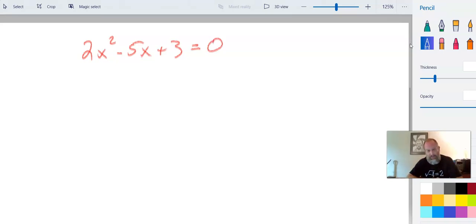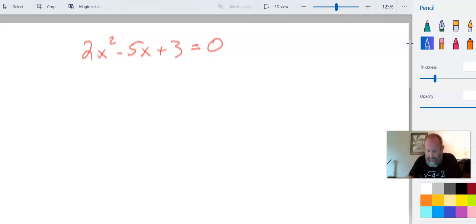Now there's no way to solve for x in any of these problems unless there is an equal sign. Because if you have something that doesn't have the equal sign, it's not an equation, and so there is no solution. It's an expression, so you can either evaluate it or simplify it, and that's about it.